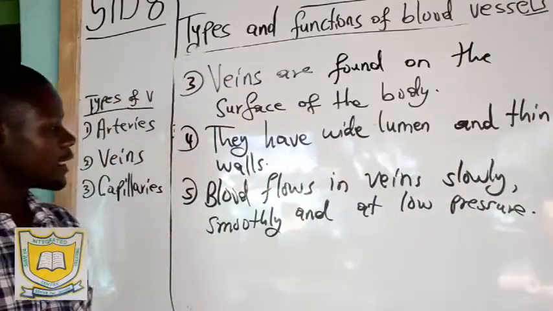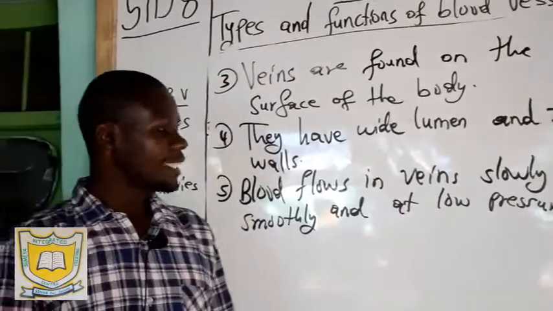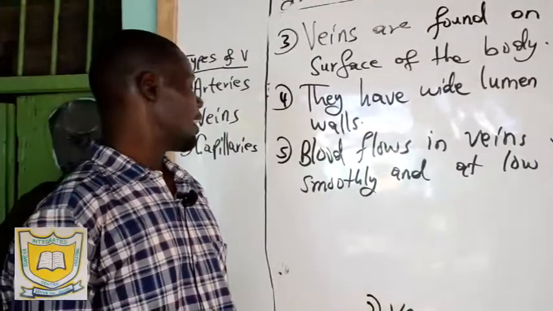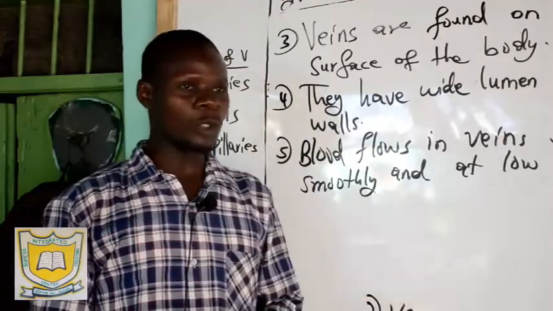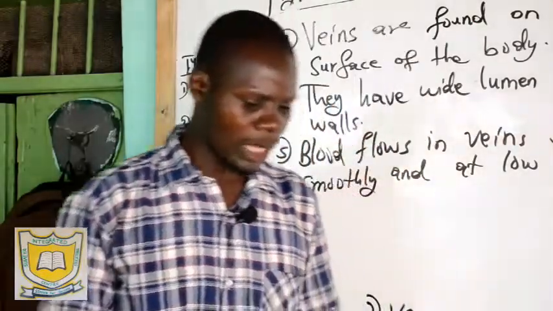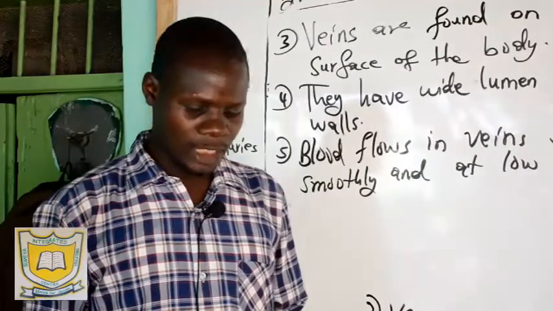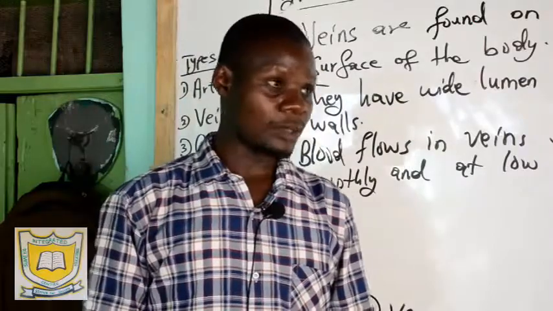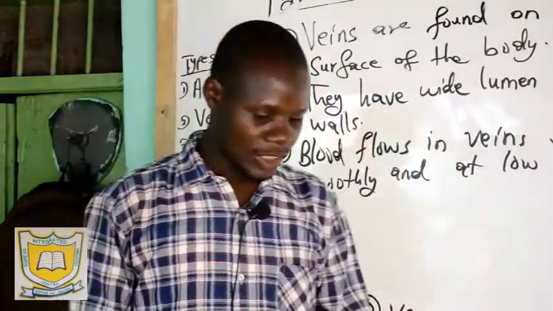We said that when you are discussing the characteristics of arteries, most of them is vice versa. Now when we are talking about the veins, this one we said that blood flows in veins slowly, smoothly, and also under low pressure, as vice versa about the arteries.